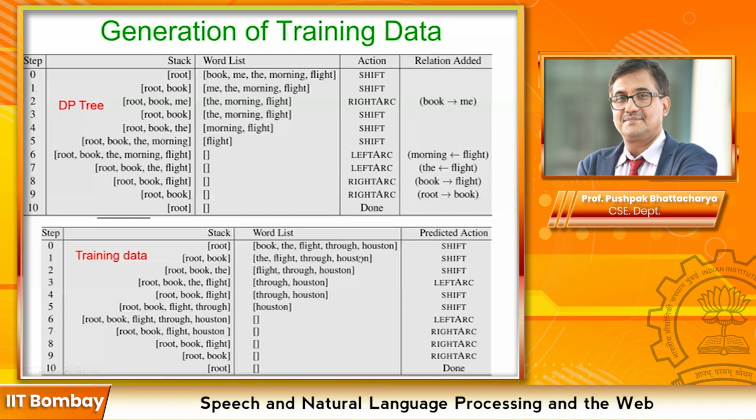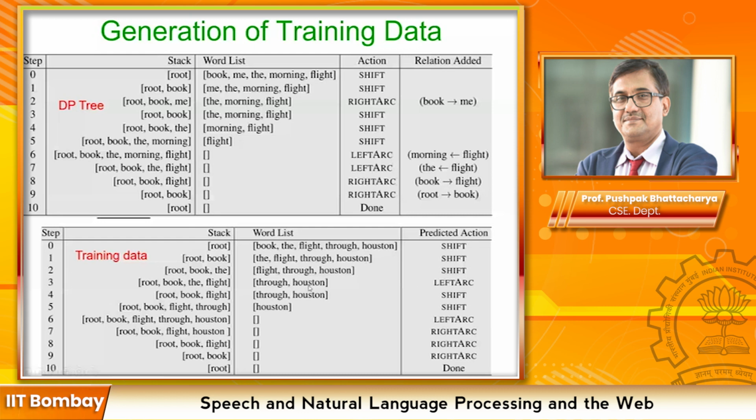You shift book to the stack. Now between root and book, there is a dependency relation. You know this because the dependency tree is given, and you can see in front of your eye that from root to book there is an arc with the head of the arc being on the book. But still the predicted action is shift, you see.